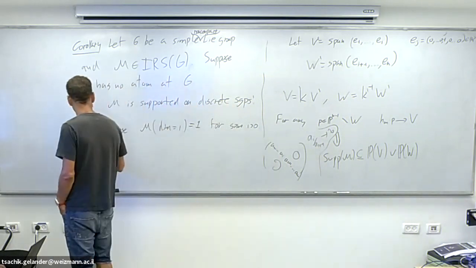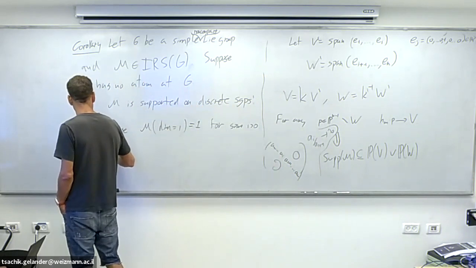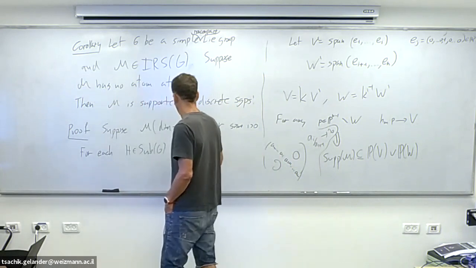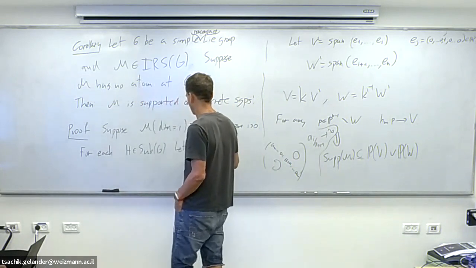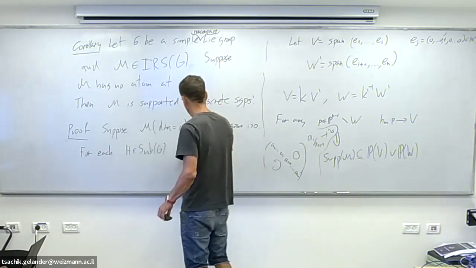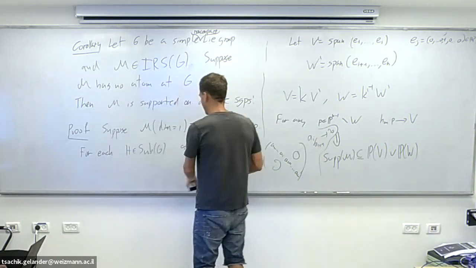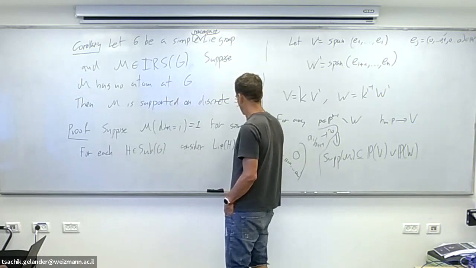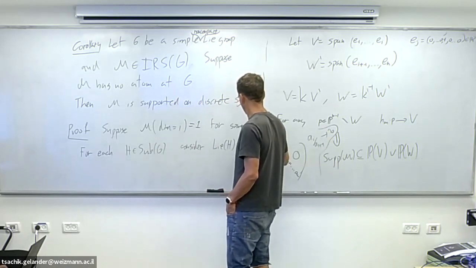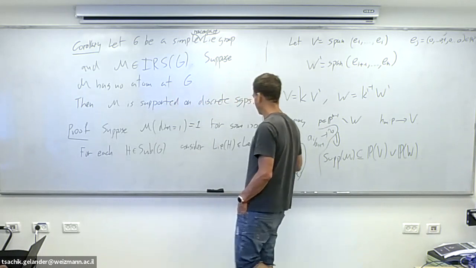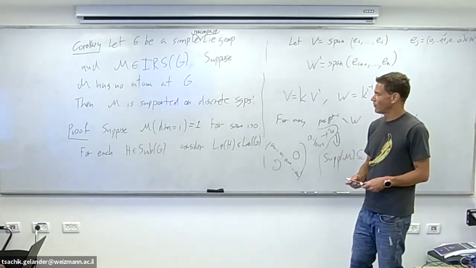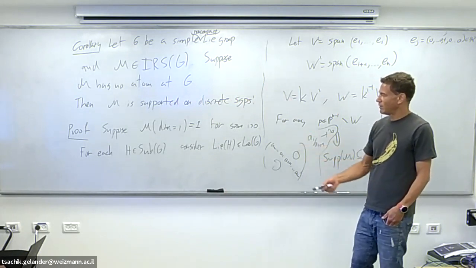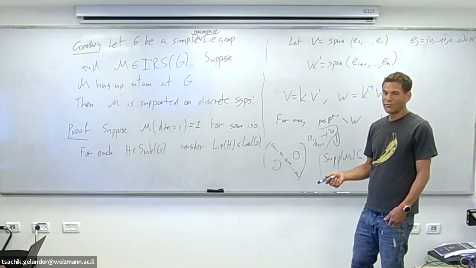And then for each H closed subgroup, let's consider the Lie algebra of H as a subspace of the Lie algebra of G. It's a tangent space. So with probability 1, this Lie algebra of H is i-dimensional.